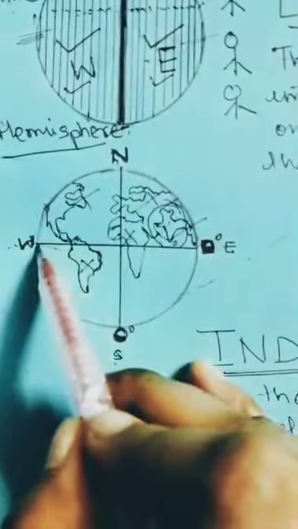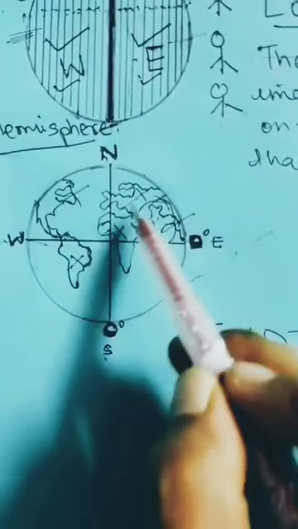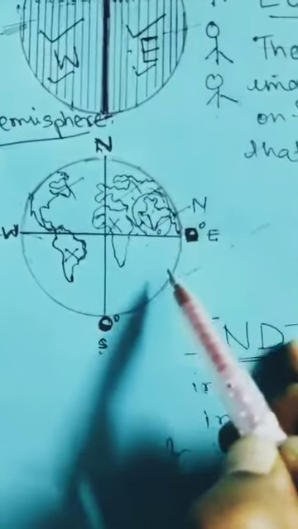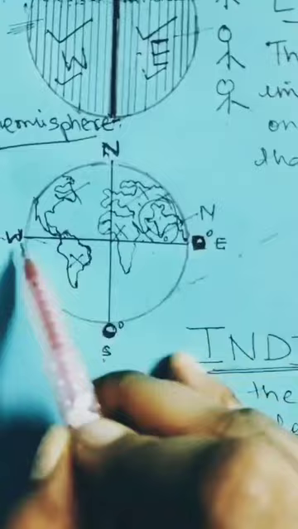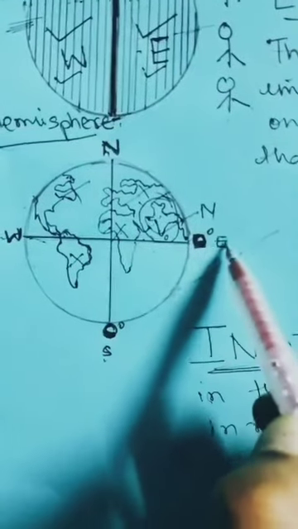See, it is the equator, and India is above the equator. That means it's in the north, right? And this equator line is the latitude.